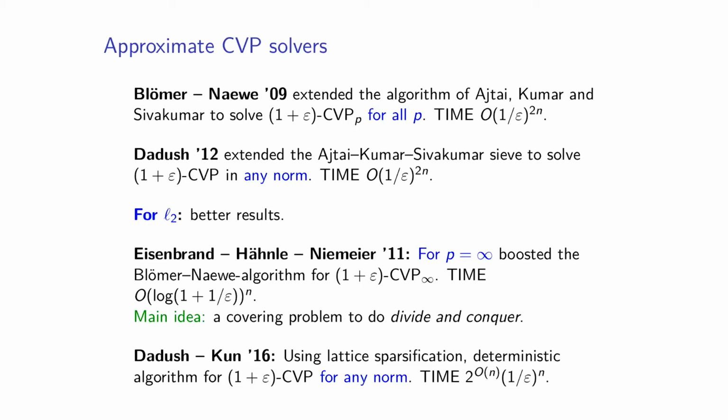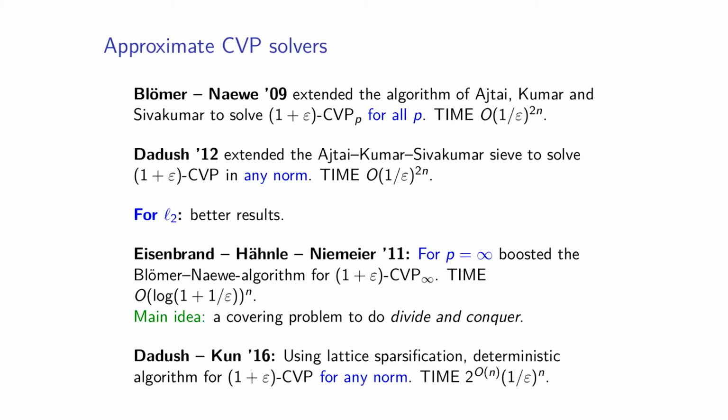And then Dadush, again building on the works of Ajtai, Kumar and Sivakumar, gave an algorithm of the same running time, but this time one that works for any norm. I'm not going to talk about results for L2. There are much better results, but we're not going in that direction.